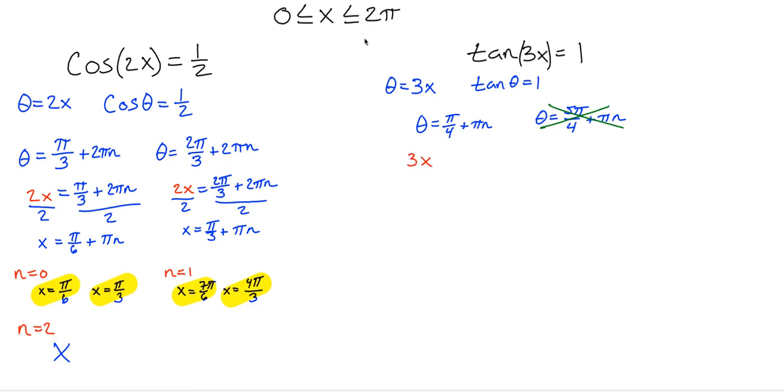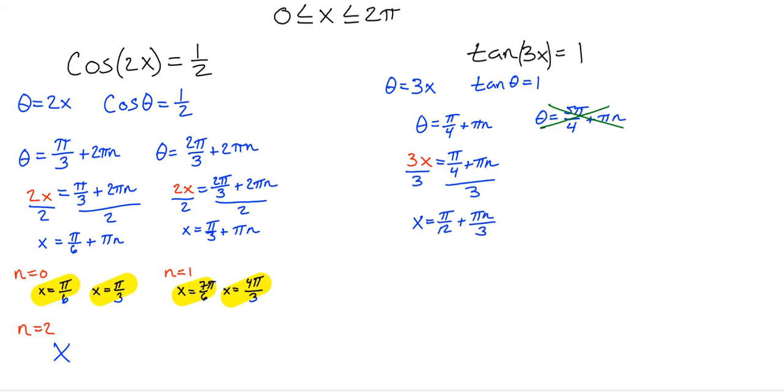So 3x is equal to pi over 4 plus pi n, and we're going to divide both sides by 3, and that's going to give us x is equal to pi over 12 plus pi n over 3.